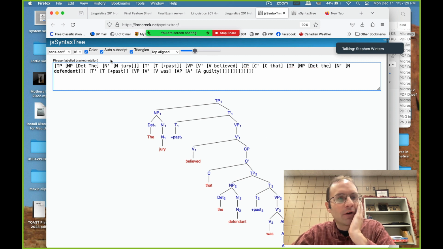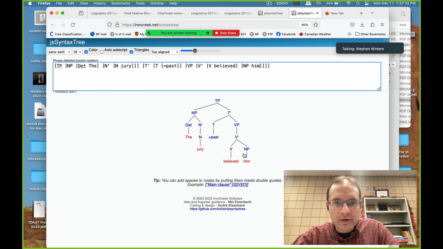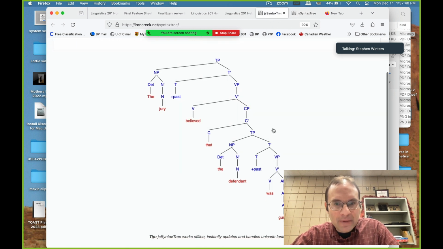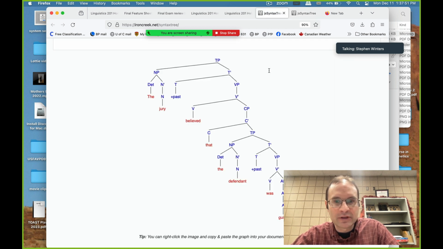Going back and forth, here we have the NP him, and you could put any other NP in there, like the jury believed the judge. In this case, we have the complementizer phrase. Within that complementizer phrase, we have this whole TP, the defendant was guilty. And that TP looks pretty similar to the jury believed him. They just get linked with the that here. So instead of an NP complement, believed takes a CP complement.